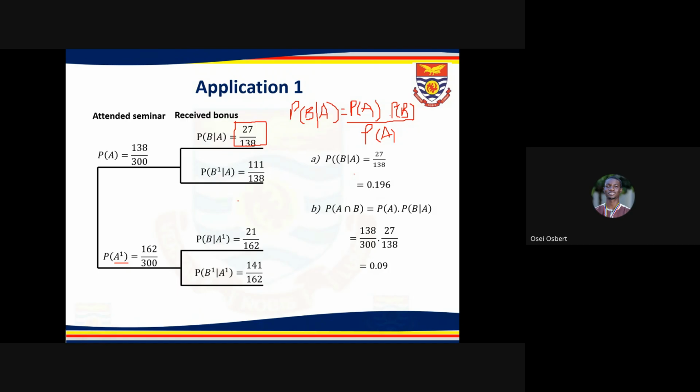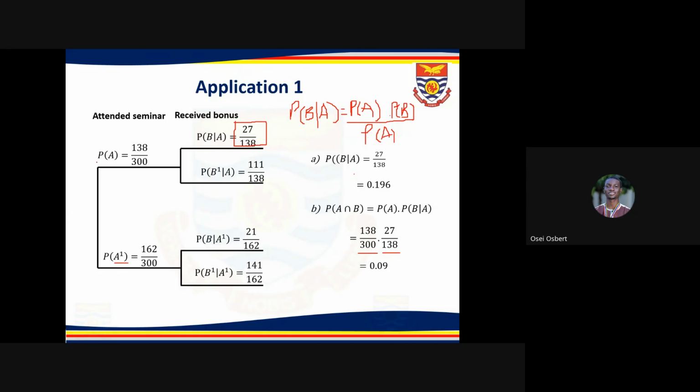Now probability of A and B. So looking for probability of A and B, which is to find, if a sales representative is selected at random, what is the probability that the person attended the seminar and earned a bonus? So probability of A is you attending the seminar, and then that same person receiving a bonus.